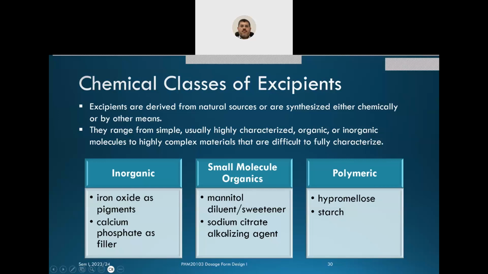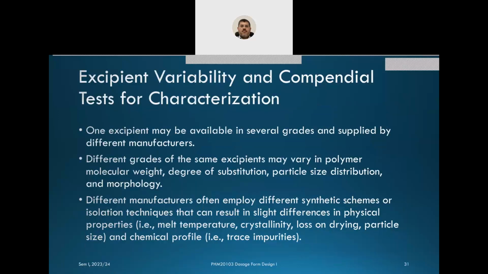Okay, we mentioned many of them in the previous tables. Polymeric, like mostly the thickening agent and drug retaining polymers like hypromellose, starch, okay, gelatin, and so on. Chitosan, they are polymeric materials. Okay.